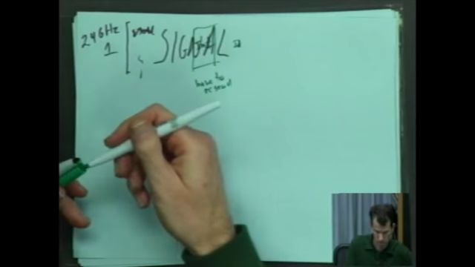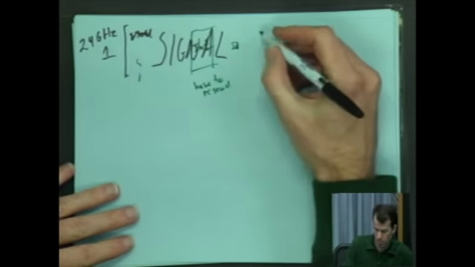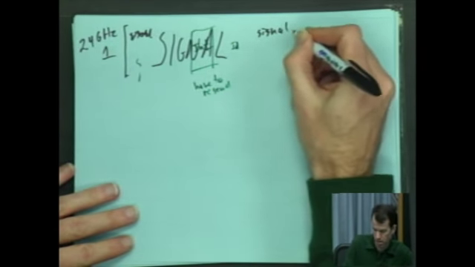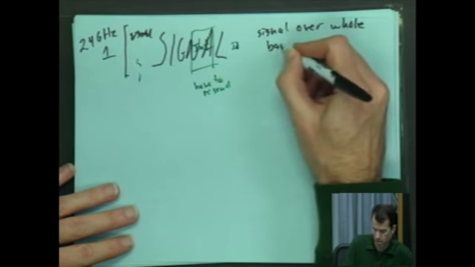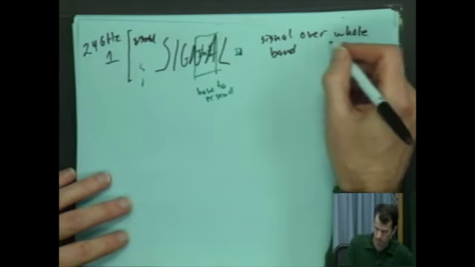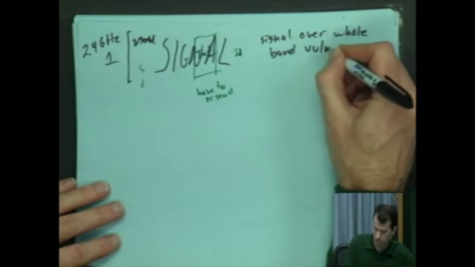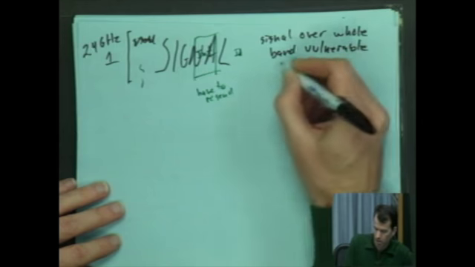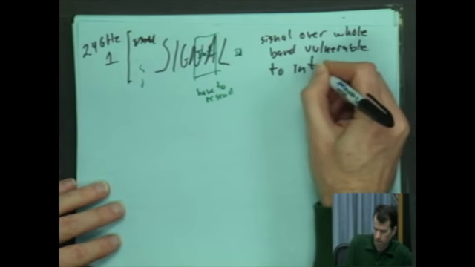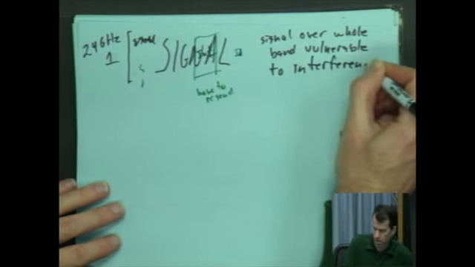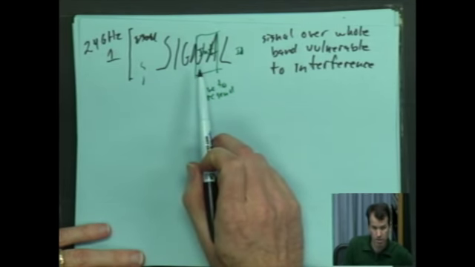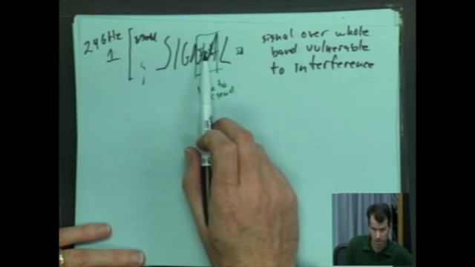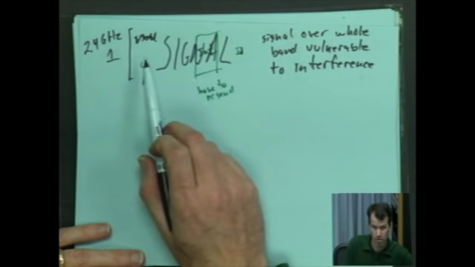All right, so a little bit of interference when you're using the whole band is what? Susceptible, vulnerable. Okay, and keep in mind, just like we were talking about frames being delivered, if we lose one bit in here, that's the whole frame that's gone.